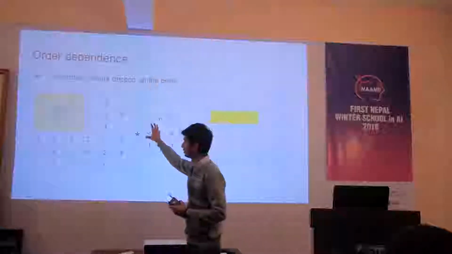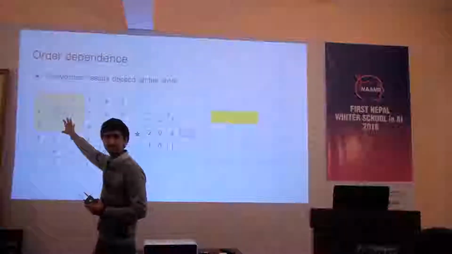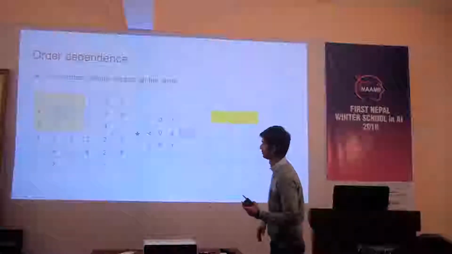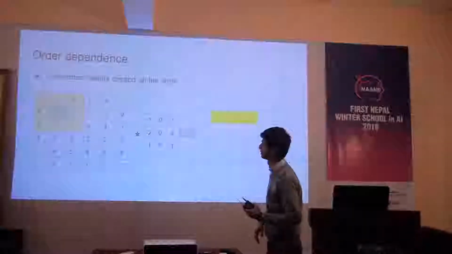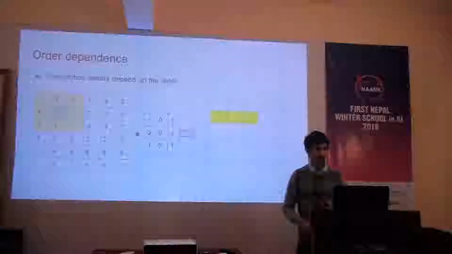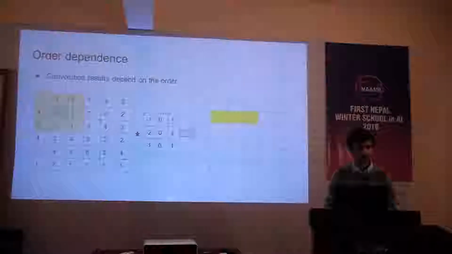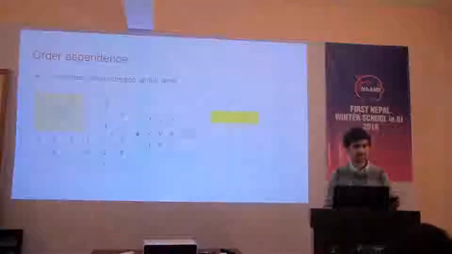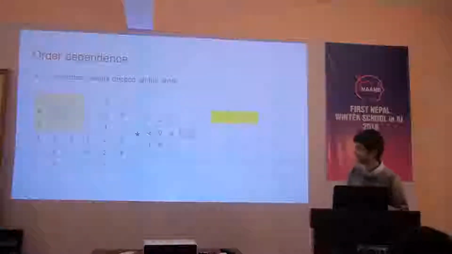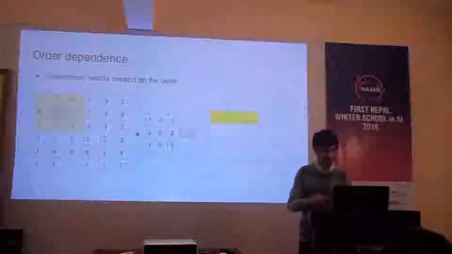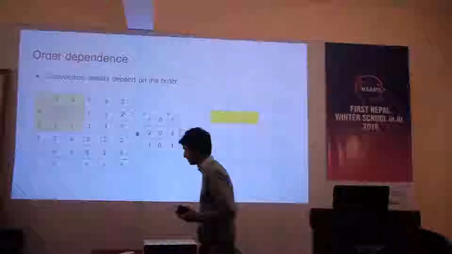You just put it here and take it there, multiply and then sum. Minus 401? 409. 4 by 9. Oh, okay. So minus 4 by 9 here, right? So let's write it down.